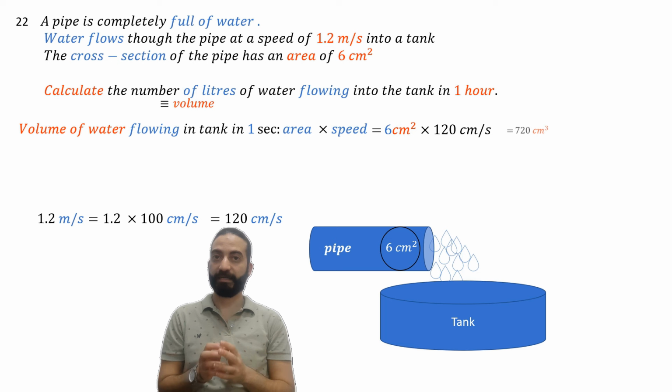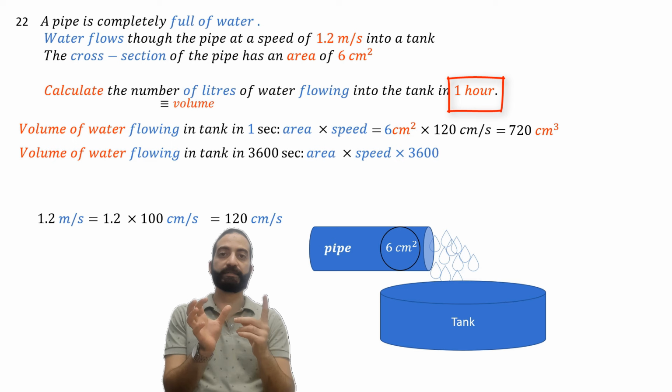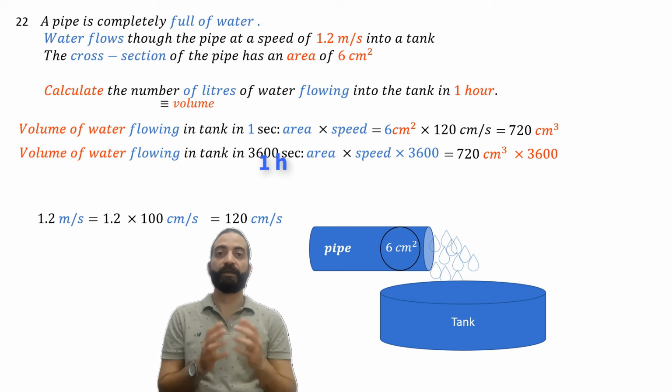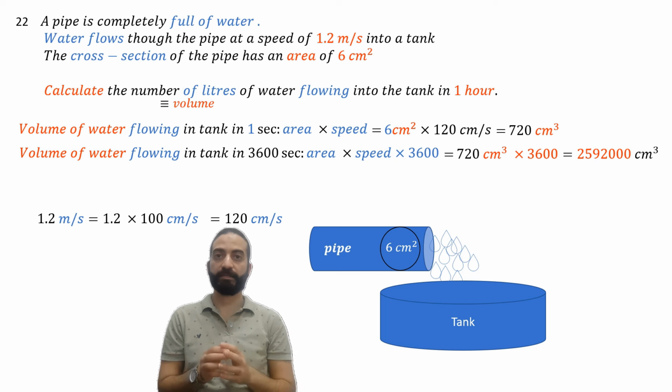Now we can get the answer, the volume of water flowing into the tank in 1 second. But in the question, he wants it in 1 hour. As we know, 1 hour is 3,600 seconds, for this reason we must multiply by 3,600. So we get the volume of water flowing into the tank in 1 hour.